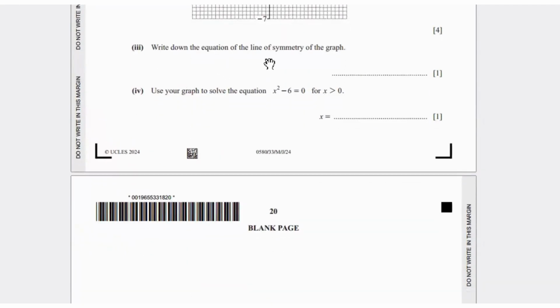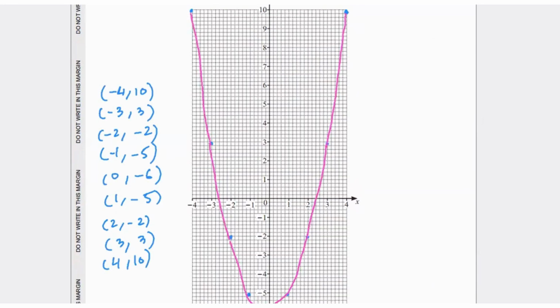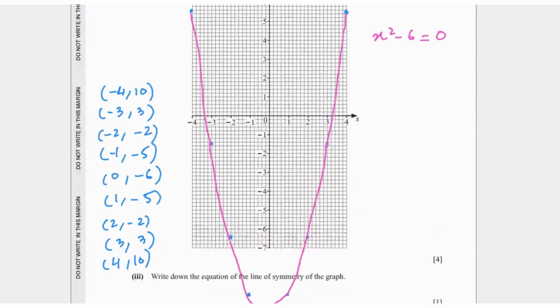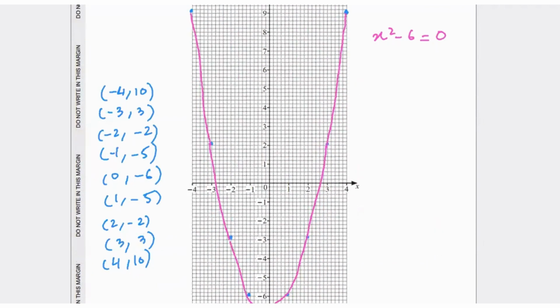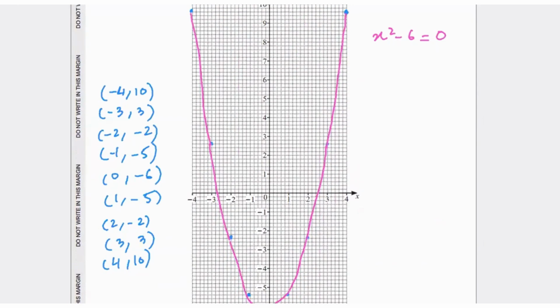It is asking to write down the equation of the line of symmetry of the graph, which is x equals 0. And it says use the graph to solve the equation x squared minus 6 equals 0. Originally, the equation is y equals x squared minus 6.